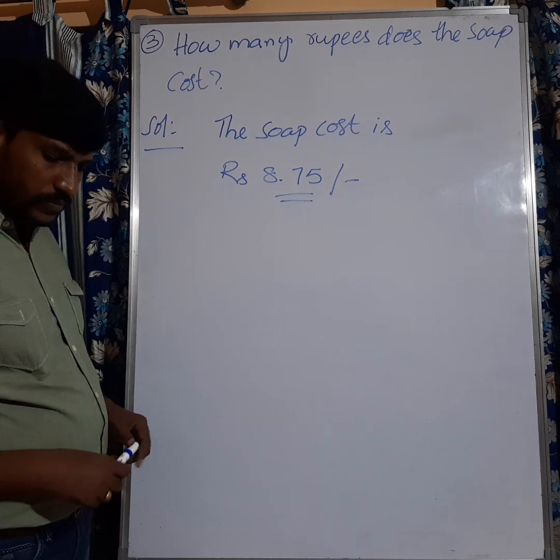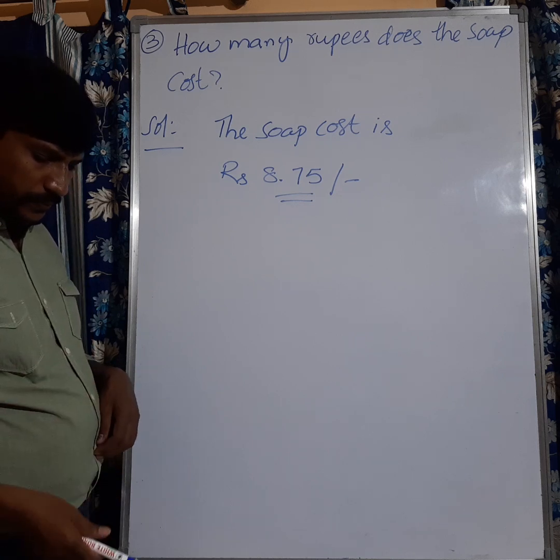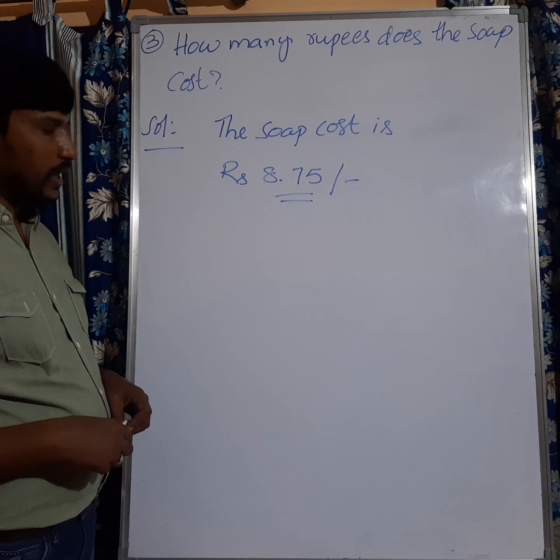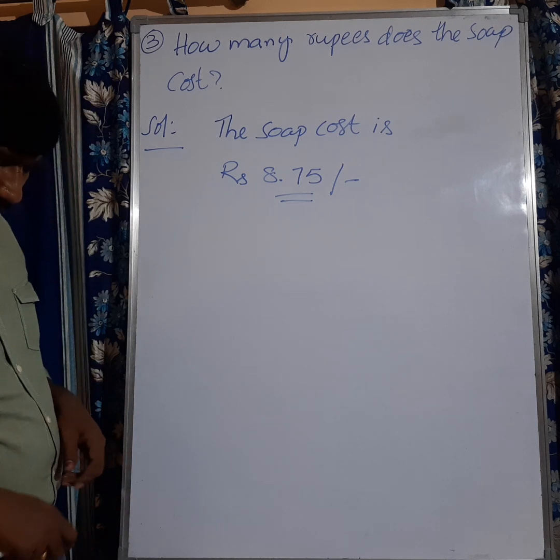Now okay, the fourth question we are going to do as homework. Let us move to the fifth question. Okay, let us discuss the fifth question a bit. Here there is a story.